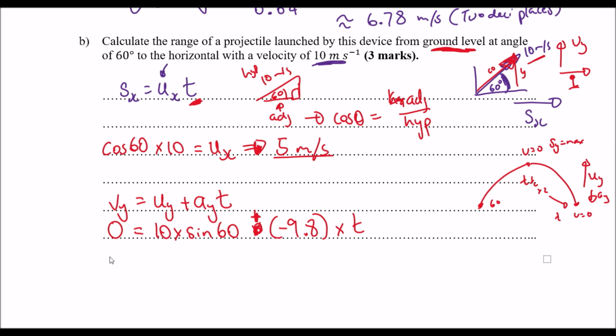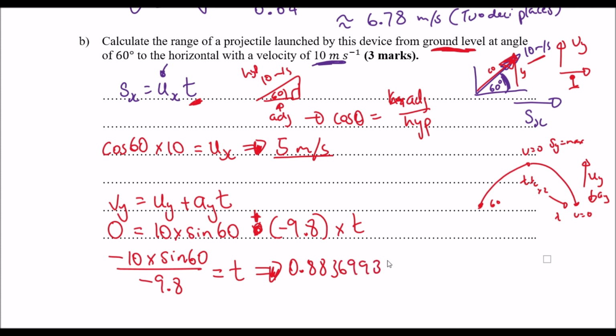Okay, so it'll be negative 10 sine 60 divided by negative 9.8 equals time. And so the time we get, once I plug it into the calculator, is 0.883699 seconds. So I'm going to plug that into this equation up here.